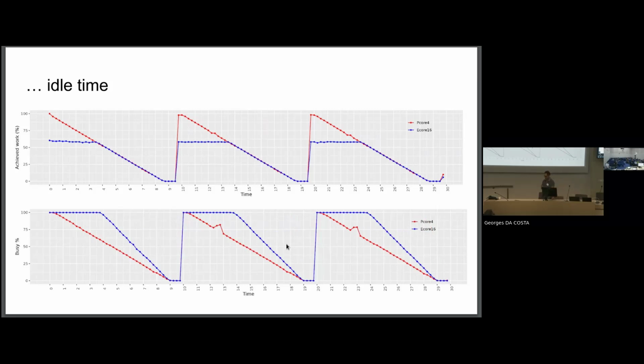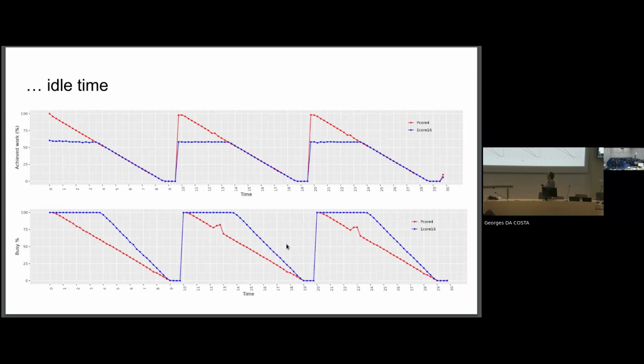And now on idle time, as I said, for every chunk of time in which we request some amount of work, the CPU completes the work that we requested and it goes idle if it completed earlier. The observation on idle time is that when we are requesting a lot of work, the E-core is saturated, meaning that it can barely cope with the work that we requested.